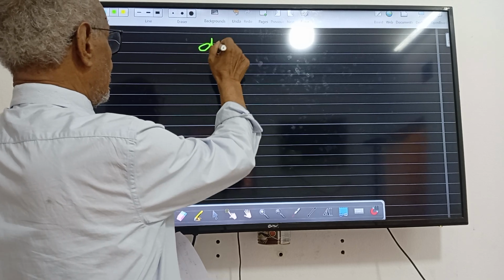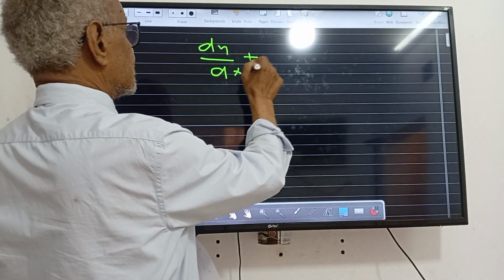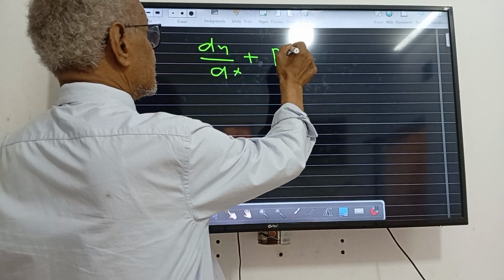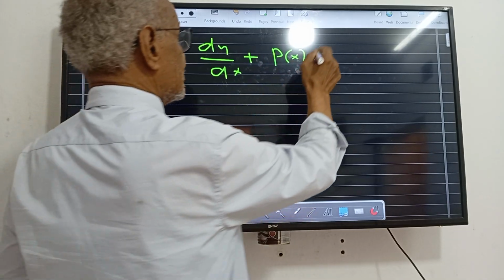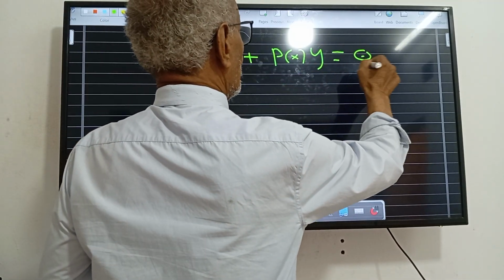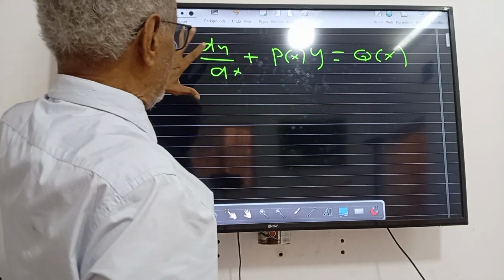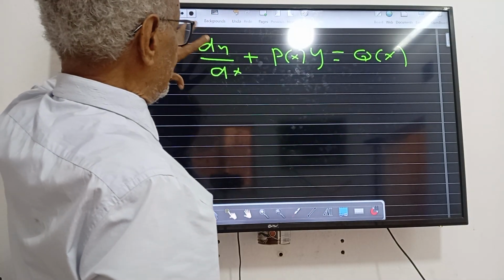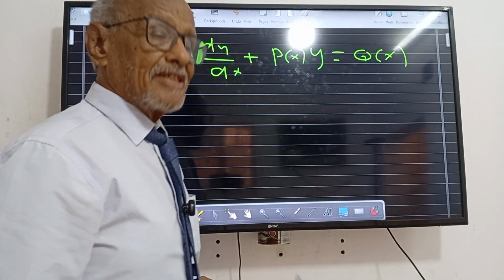So dy over dx plus p of x, this is a function of x, times y equal q of x. Whenever you find any differential equation in this form, it is linear.